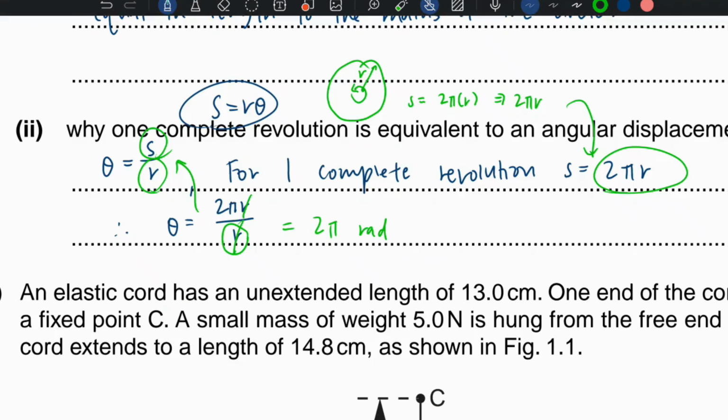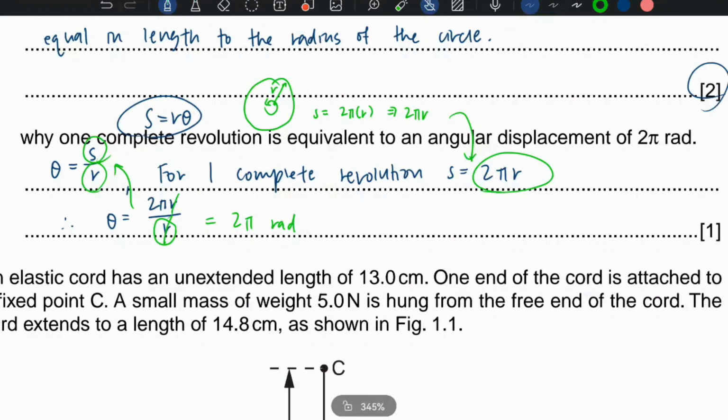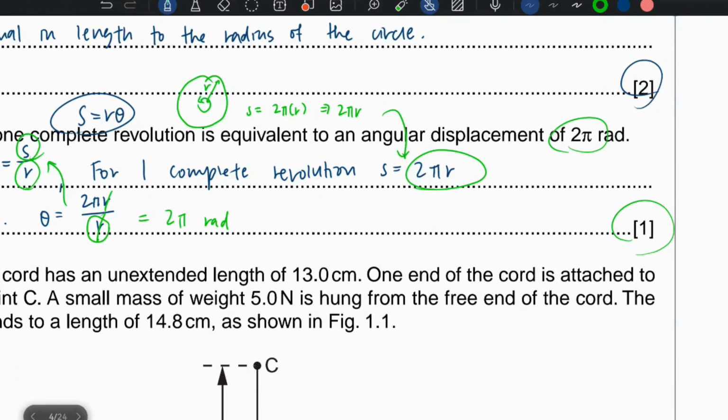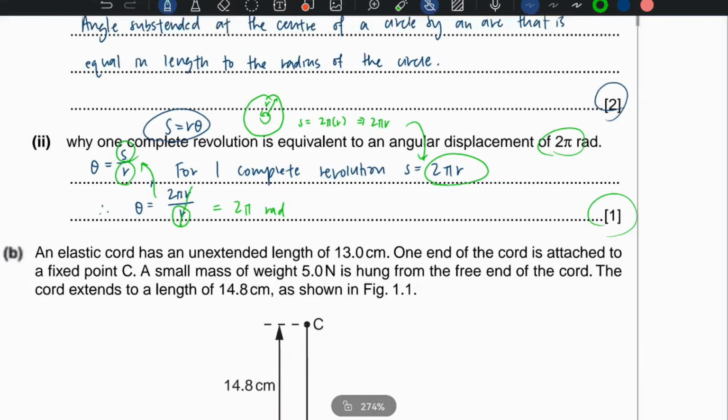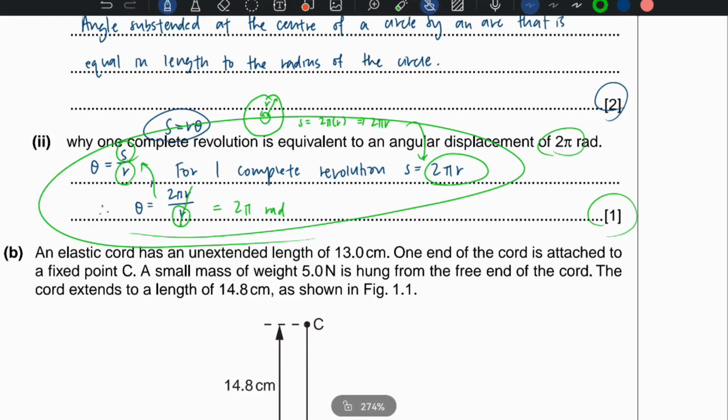Since they ask why one complete revolution equals an angular displacement of 2 pi radians, it's best to show it to them. I know it's just 1 mark and you might be thinking why we have to show so much, but you better show more than show less. So probably this whole thing is 1 mark.